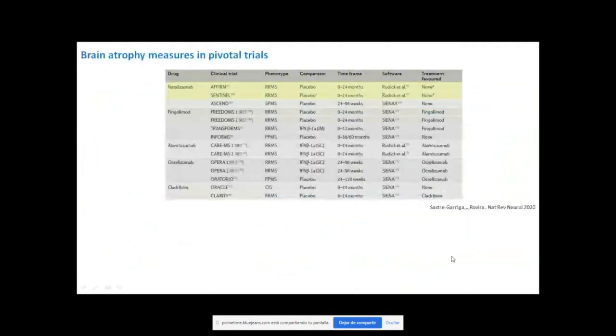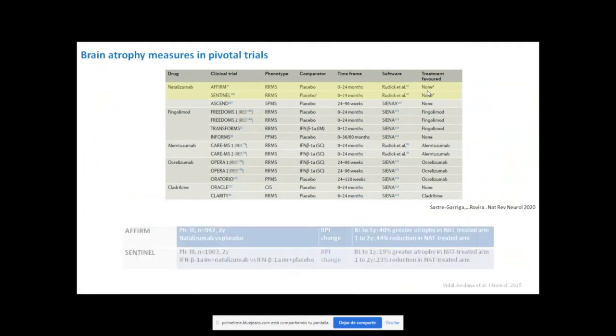If we look at the different clinical trials published, we can see how the pseudoatrophy effect impacts their results. Let's focus on the natalizumab trials in patients with relapsing remitting MS, the AFFIRM and the SENTINEL trials. Both trials assessed the effect of this drug in preventing brain volume loss during a 2-year period. Both trials were negative, so they could not demonstrate any positive effect of this drug in preventing brain volume loss.